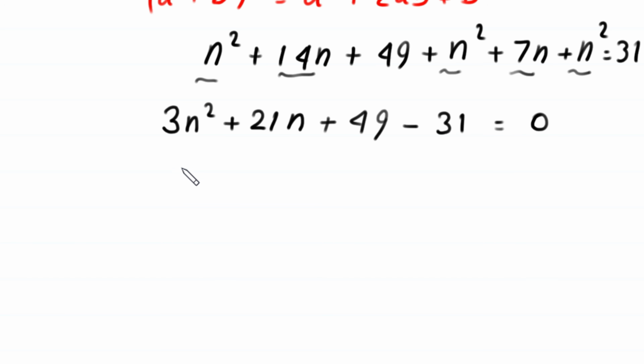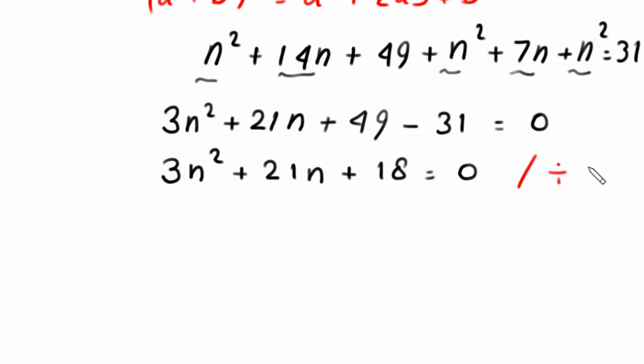Further simplify, this will become 3 times n squared plus 21 times n, and 49 minus 31 is plus 18, equal to 0. Divide the whole equation by 3. So this will become n squared plus 7 times n plus 6, equal to 0.